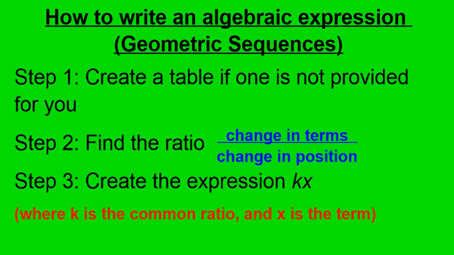And then step two, we're going to find the ratio, the change in terms over the change in positions. And then we're going to create the expression kx, where k is the common ratio and x is the term or the position. Okay, so x is going to be the position.